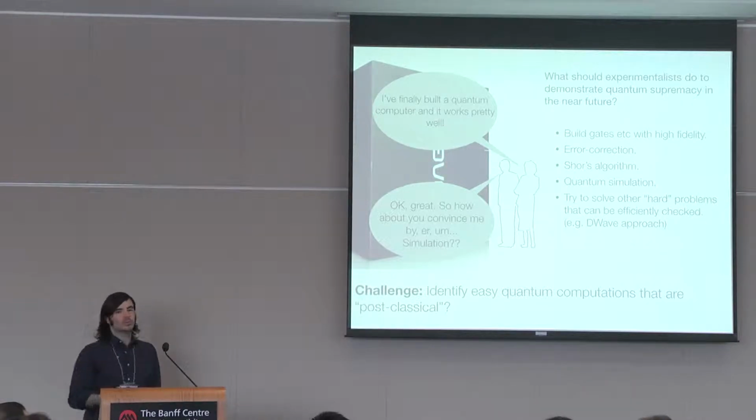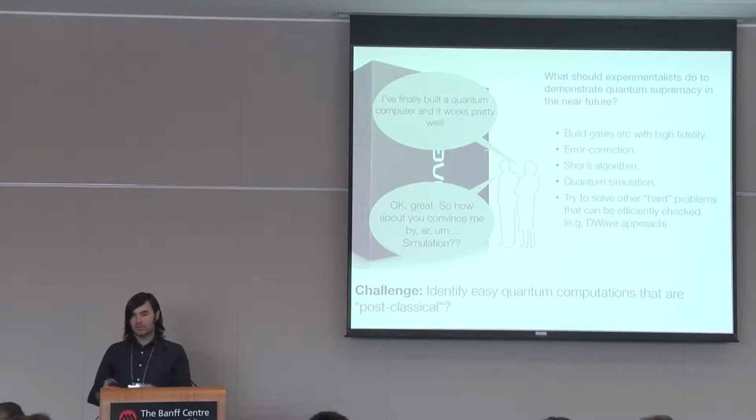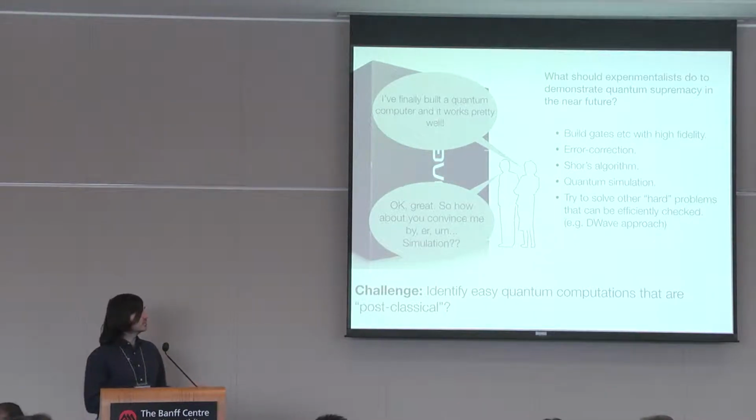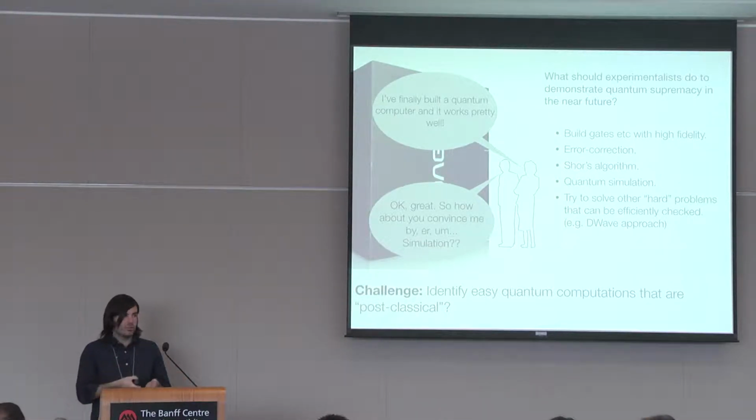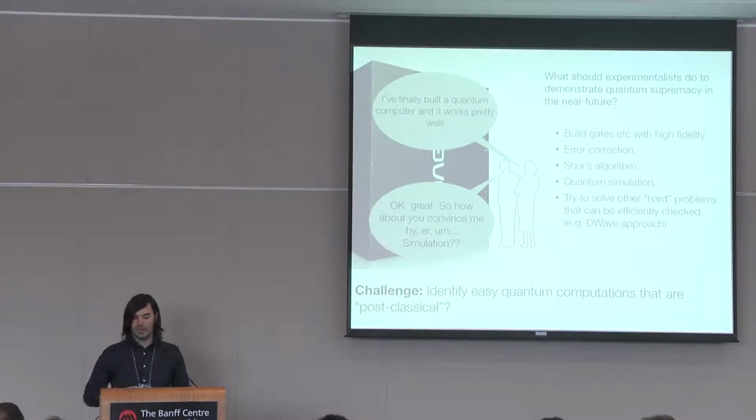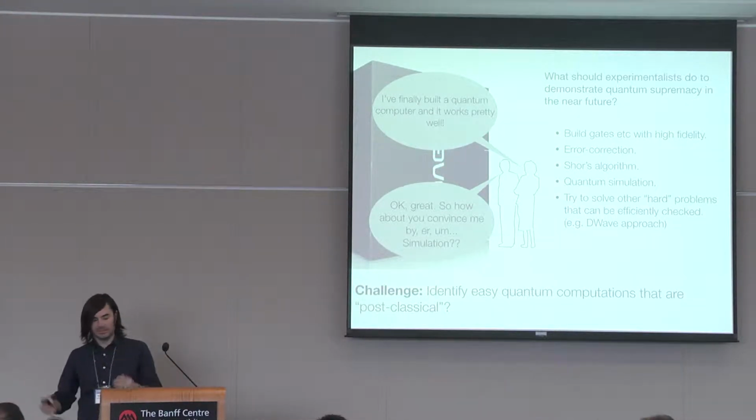More broadly, people are looking at what quantum systems they can simulate with the large engineered quantum systems they actually have access to. And then there's the approach that D-Wave and others have taken, which is to focus on other problems that we think are probably hard, that we can efficiently check on our computer, and hope that those problems don't turn out to be easy.